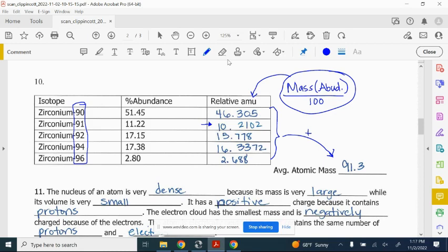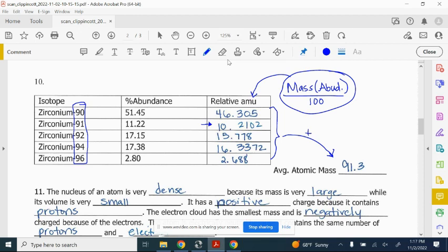So it's 90 times 51.45 divided by 100. Yep, that should give you 46.305. And then you take 91 times 11.22 and divide that by 100.